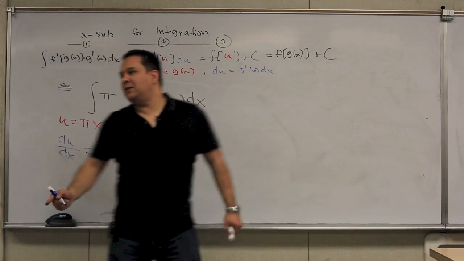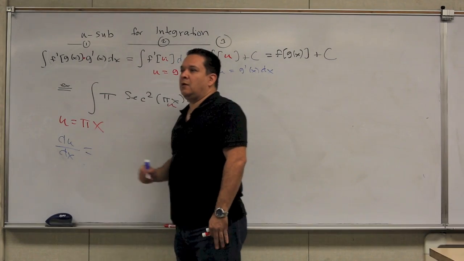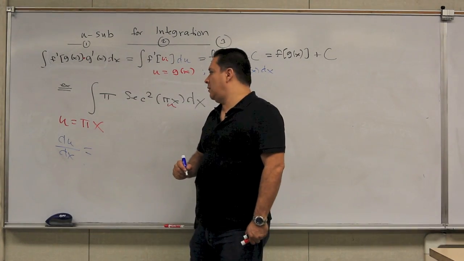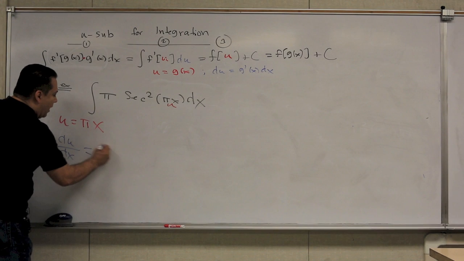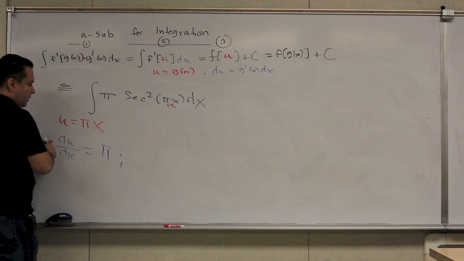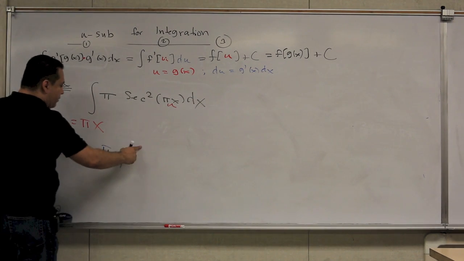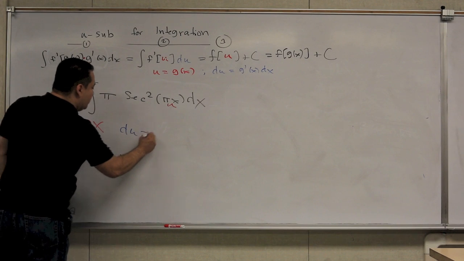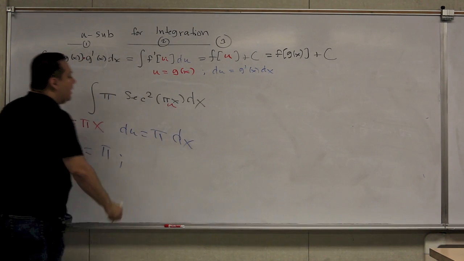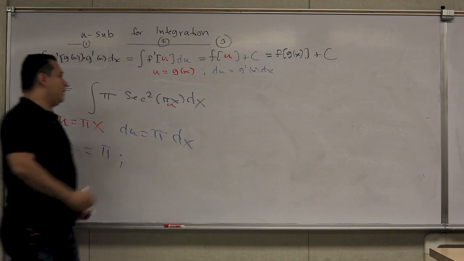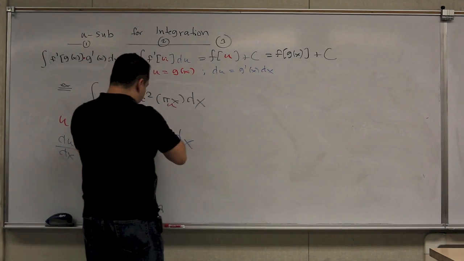What's this going to be? Is that pi? Okay, so I get pi. Let's solve for du, and then what do you really get? Du is pi dx.